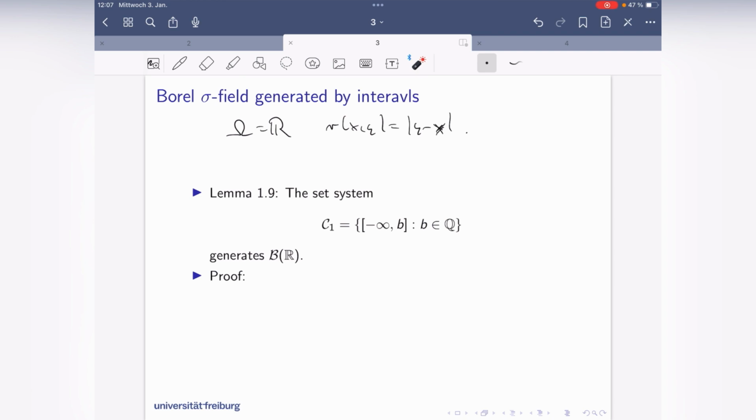On the other hand, I have a set system, for example like this here, semi-open intervals from minus infinity to b, with b in Q, and I claim that this generates B of R. What do I claim here?